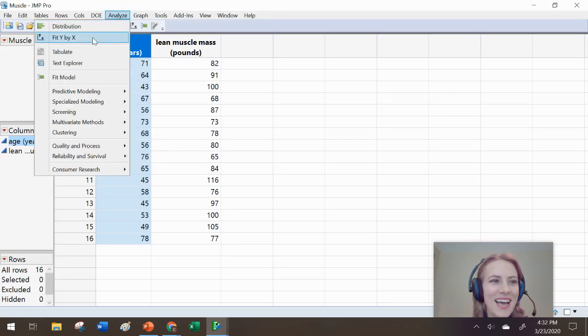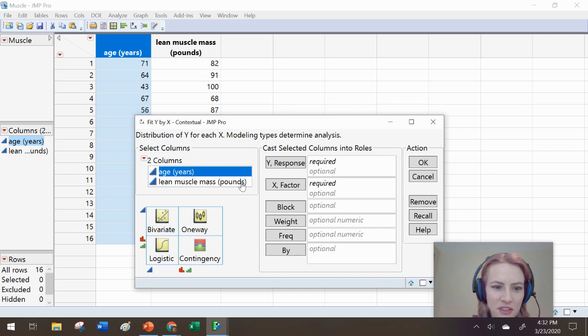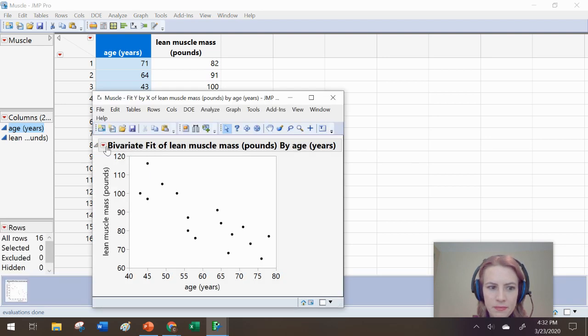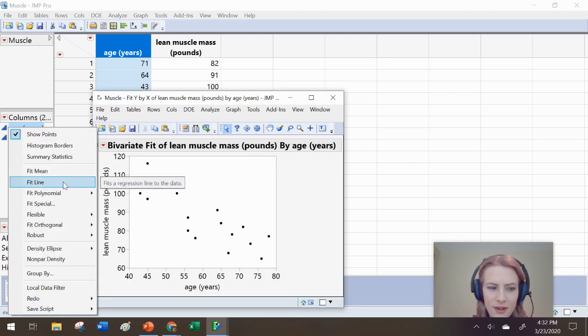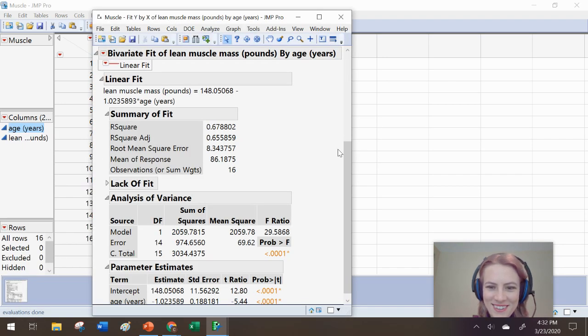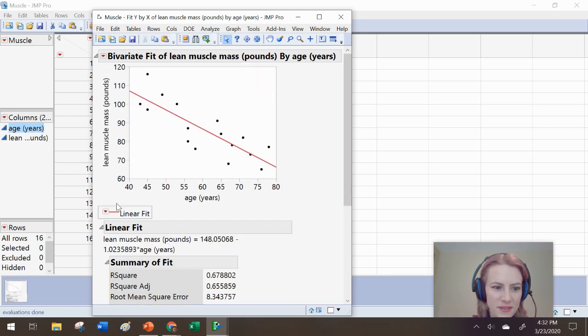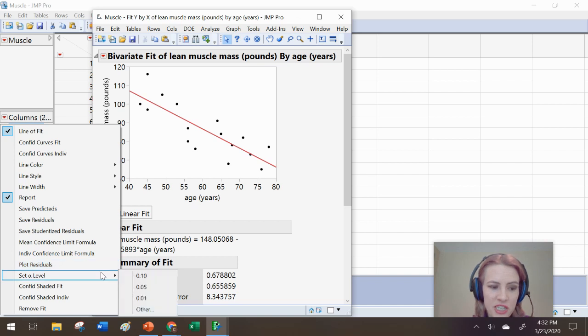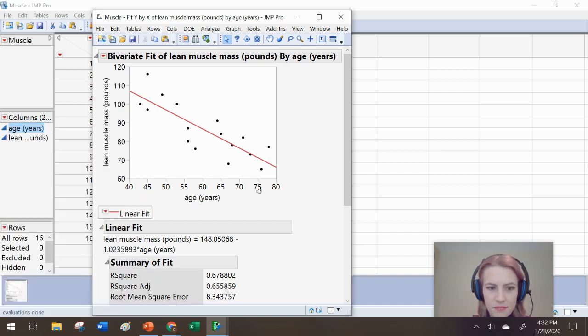So to get those intervals, we fit y by x using age to predict the lean muscle mass. Fit Y by X, fit line. Then if we want 90%, we would change our alpha level to 0.10, because that's the complement.